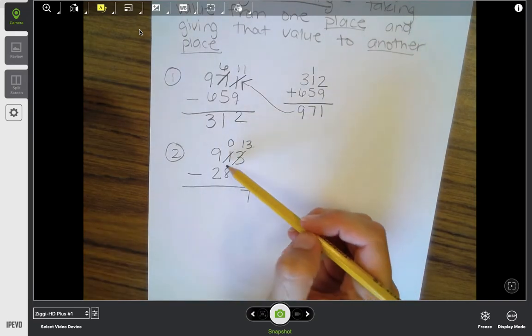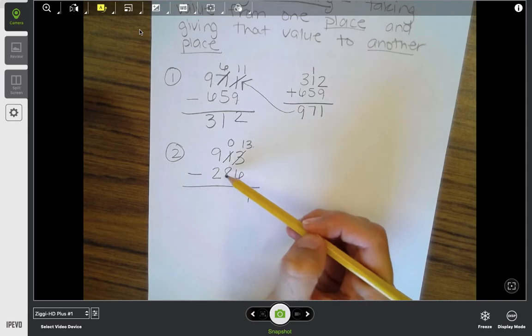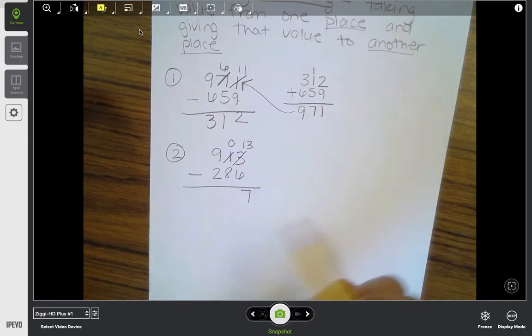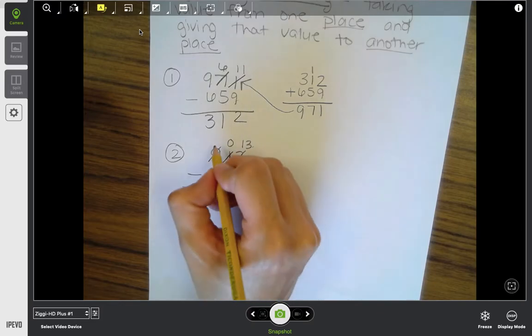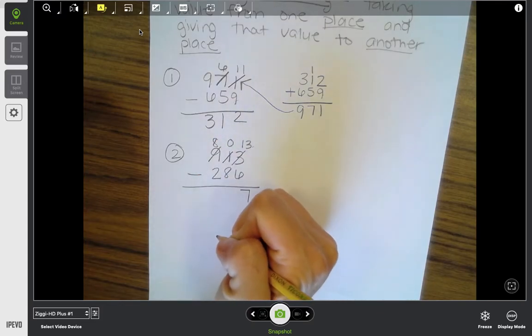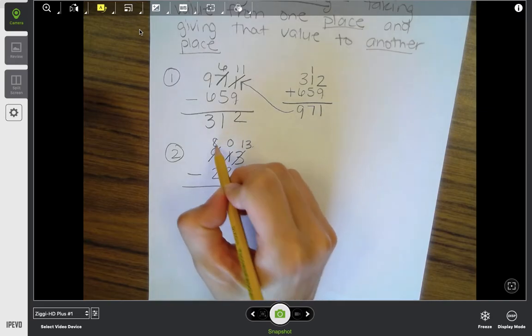Now this time, when I move over to my tens, I have another problem because if I have 0, that's smaller than 8. So I cannot subtract right now as this is. So now I'm going to need to move to my hundreds, and I'm going to need to borrow from this 9. That would make my 9 an 8, okay? And then I'm going to add what I borrowed to this 0.